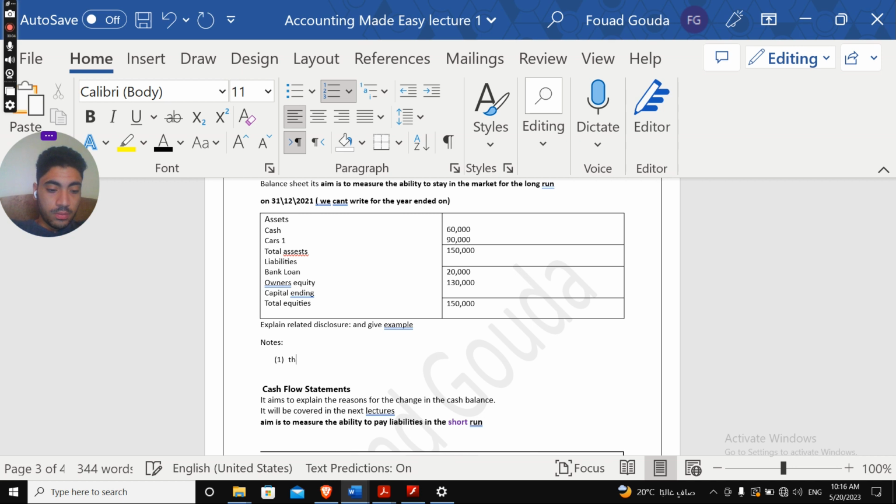The current value of the car dropped by 80,000 to a value currently only 10,000.